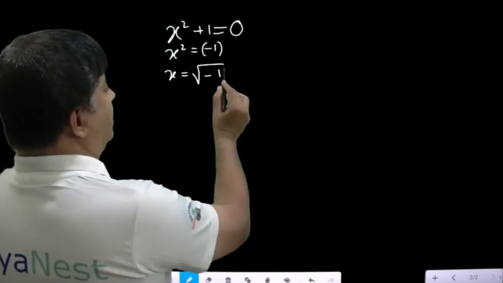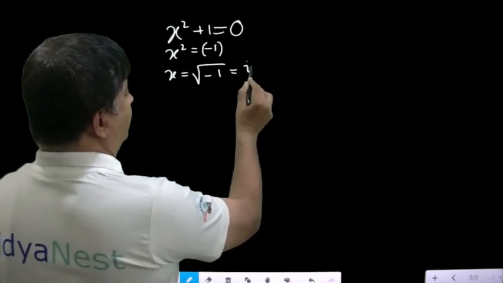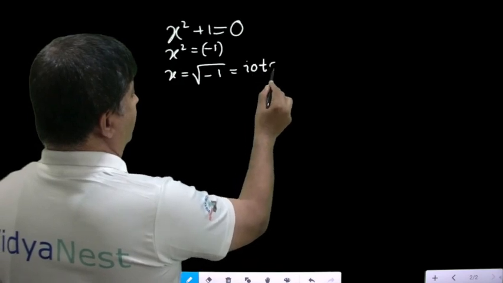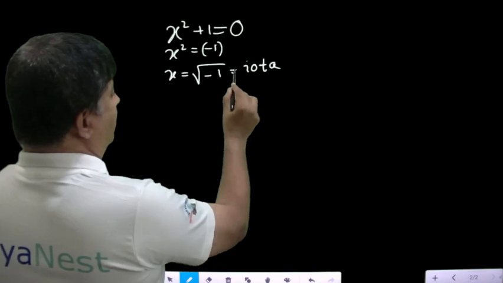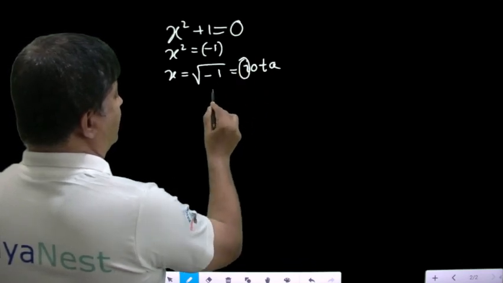It is called iota. Okay, it is denoted by the first alphabet i.